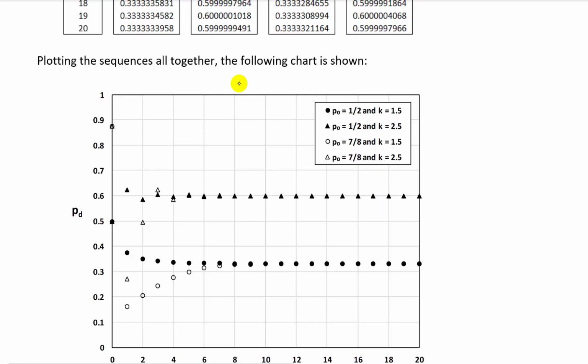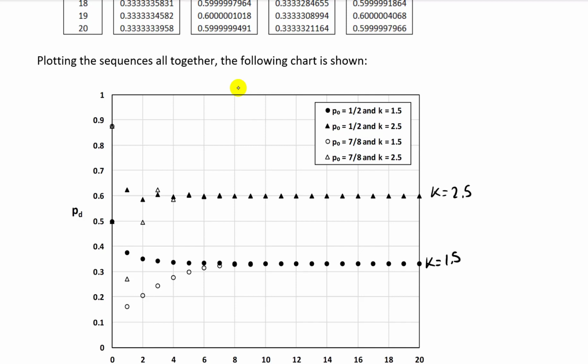And then likewise here for the circle over here, if you change P0, then the leveling off area is still going to be 0.333 because the K is the same. So notice here goes circle from this side. But then now if you go back to the top one, K is 2.5. So this is K equals 1.5. This is K equals 2.5.